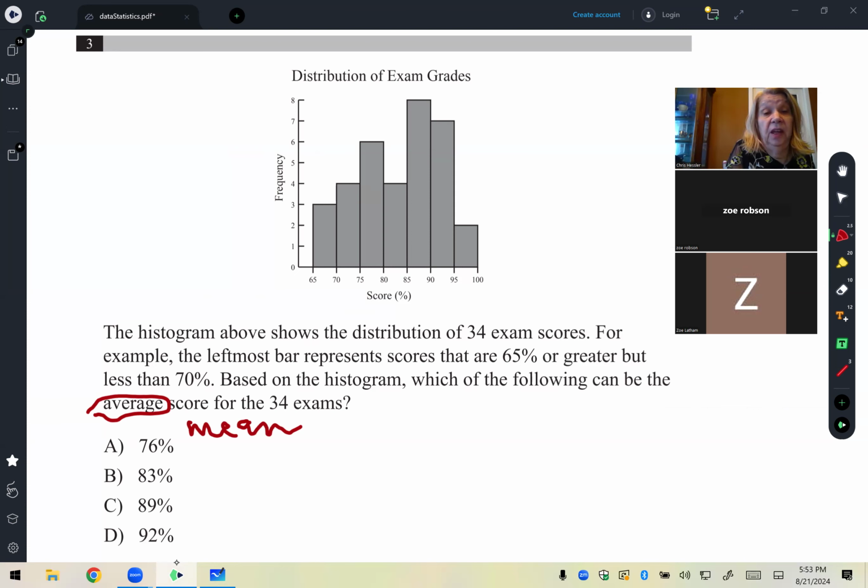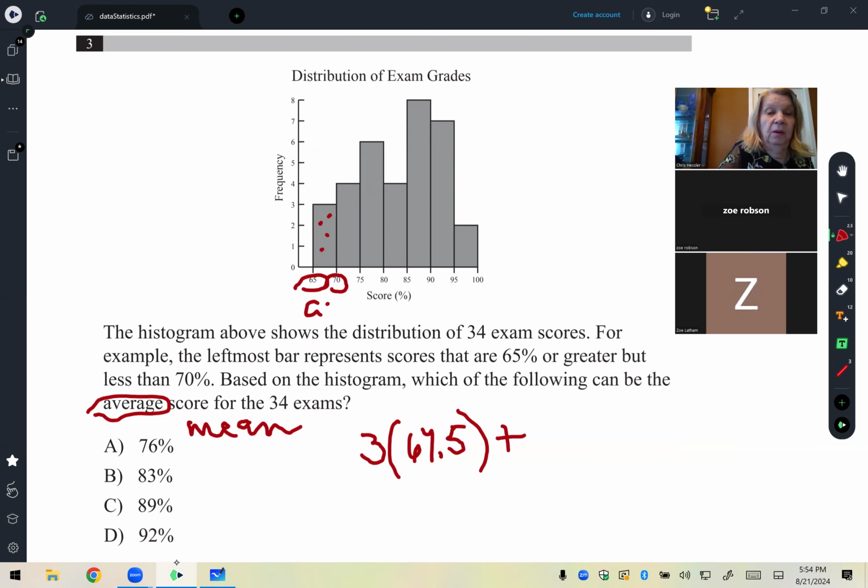You're just going to get the average, because we don't know where these numbers are. So we know we have three numbers, and the average of them has to be 67.5, because I'm just averaging 65 and 70.